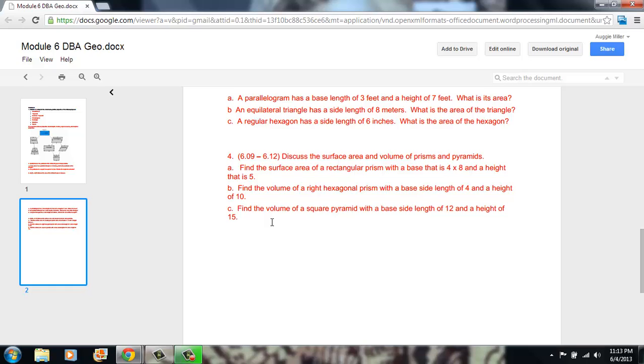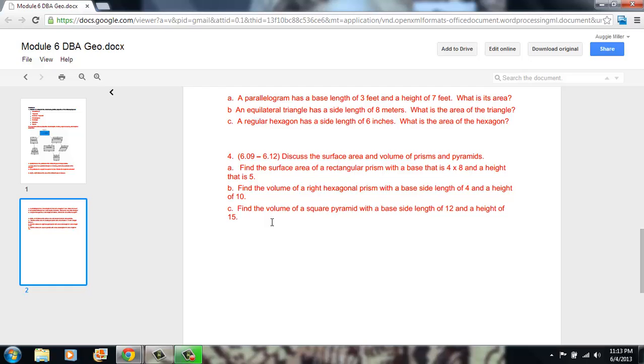So to find the slant height, we use the Pythagorean theorem. So 1/2 of the base side length is 2. That gives us a base of 2 and a height of 10. So 2 squared is 4 plus 10 squared is 100, that makes 104. So the square root of 104 would give us our slant height, which is about 10.2.